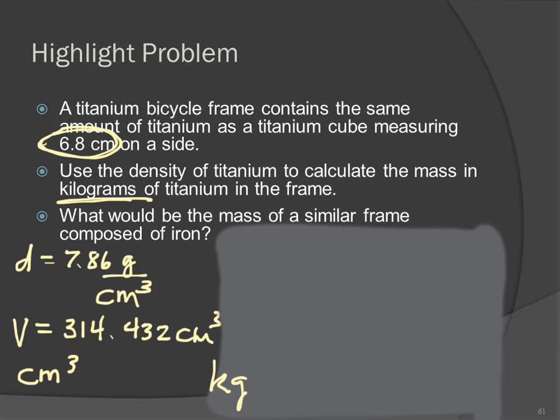We just calculated the volume of a cube. Density is going to be used as a conversion factor, not as our starting point. So the volume is the starting point. The density allows us to go from cubic centimeters to grams. And then we need to apply another conversion factor to go from grams to kilograms.